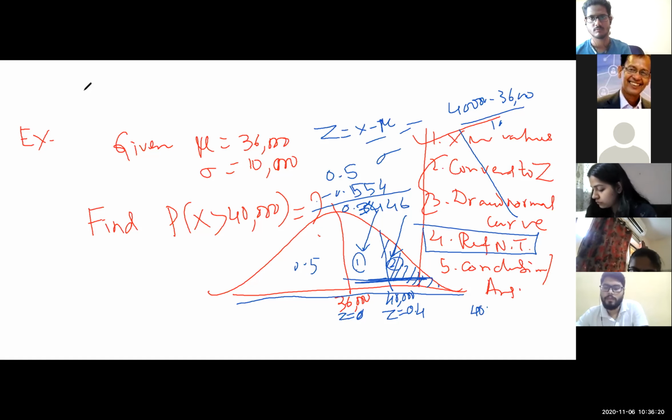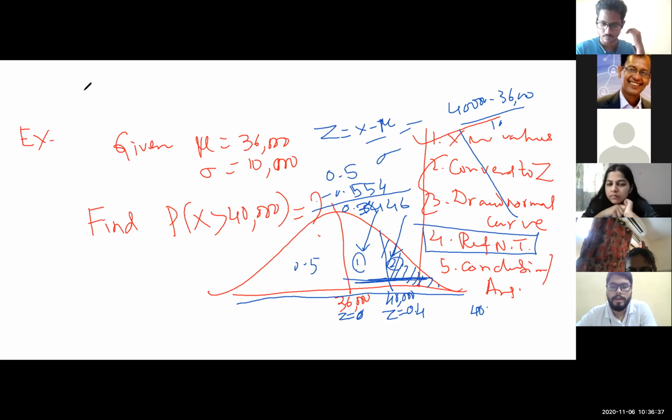Explain to everyone in very clear terms, address everybody, speak loudly. It is given that mean equals 36,000, standard deviation 10,000, and first we have to find the value of x. It is given that the sales should be greater than 40,000. So at first we take 40,000 as standard.